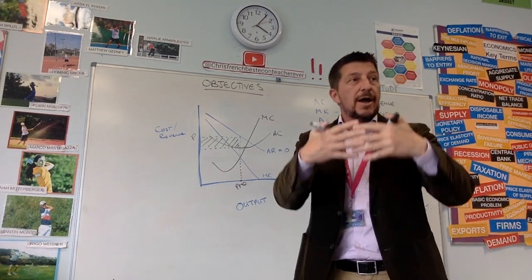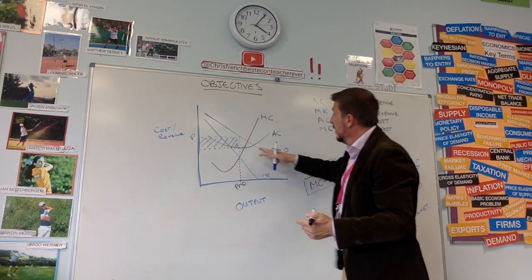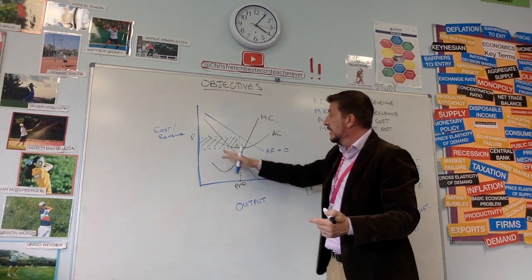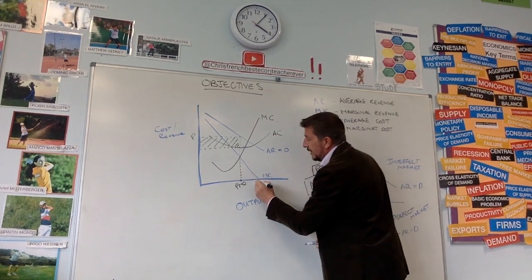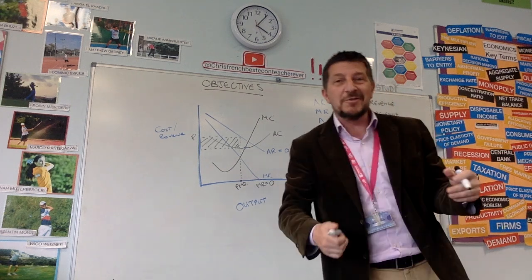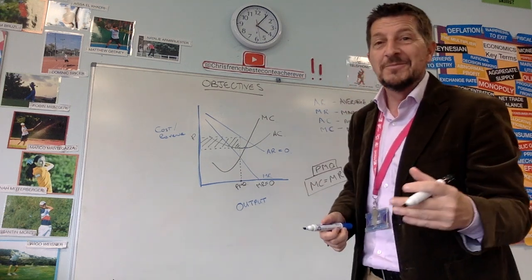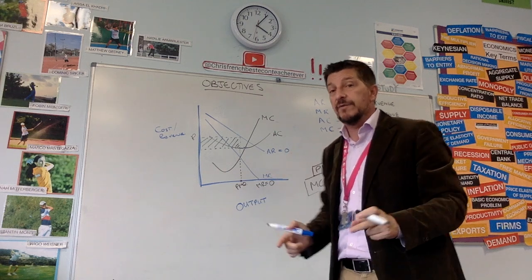So our average revenue is this line. Our marginal revenue is this line here. And when we no longer add to our total revenue with our marginal revenue, this is where we will maximize our total revenue.